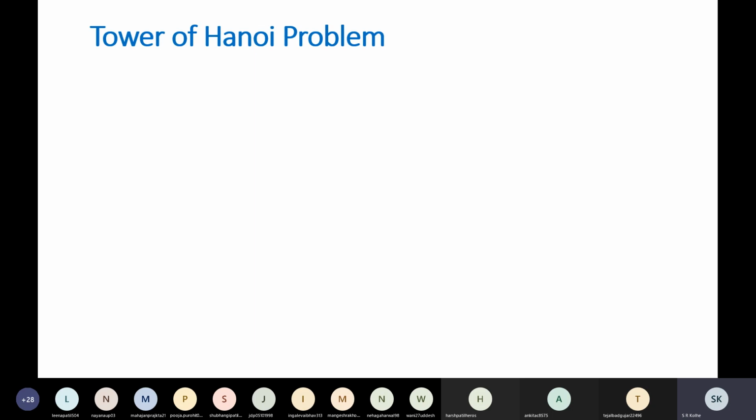So what is our aim right now? To represent this problem in the form of an AND OR graph. That is the objective. Represent the Tower of Hanoi problem in the form of an AND OR graph. So we will first define what the problem is.